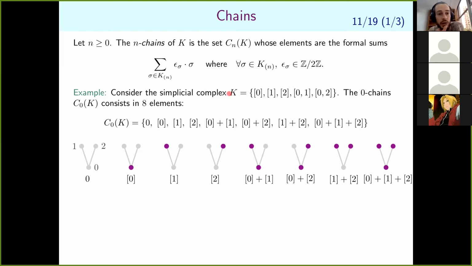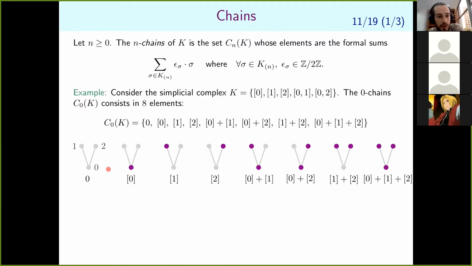Example: I will consider this simplicial complex K of dimension 1. You can draw it like that. The 0 chains are the sums over simplices of dimension 0, so it's a sum of vertices. And it turns out that we have 8 zero chains in this simplicial complex.